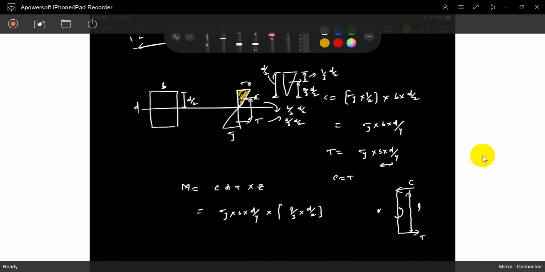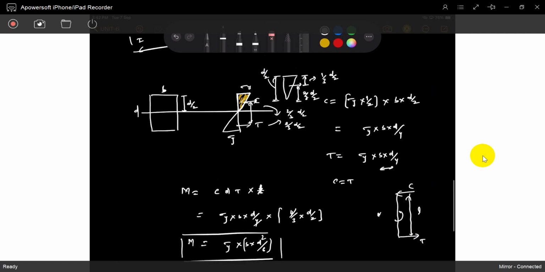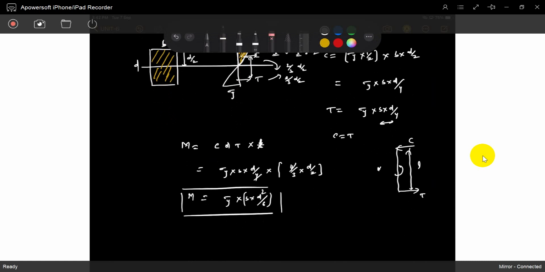So that's it, we write it. You can call it the lever arm. So what is that value? It is sigma y b d square by 6. That is the moment carrying capacity of the section. Now you can see in the formulas you encountered, M by I is equal to sigma by y, so M is equal to sigma I by y.